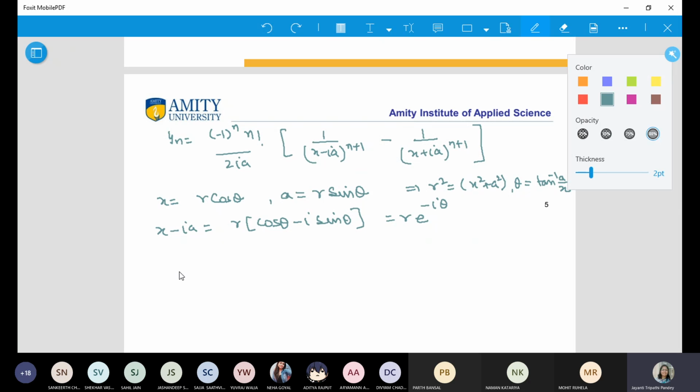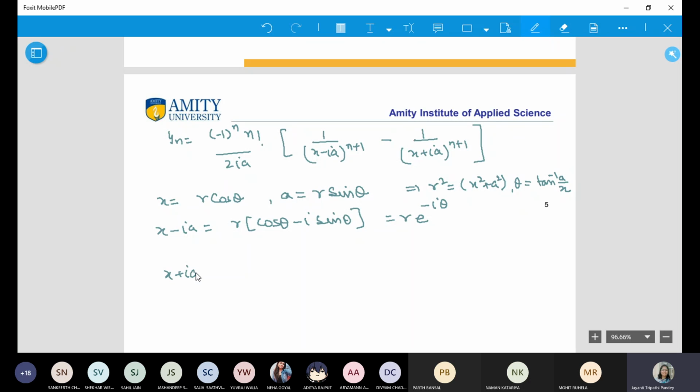Similarly, when we will write x plus ia, this is r cos theta plus i sin theta, which is r e to the power i theta. Remember this.